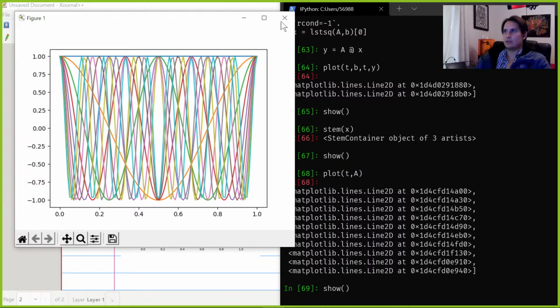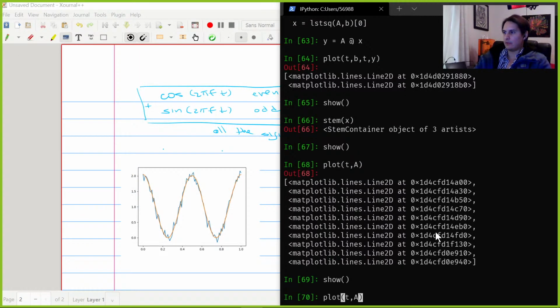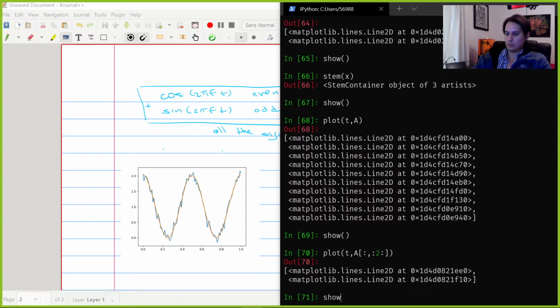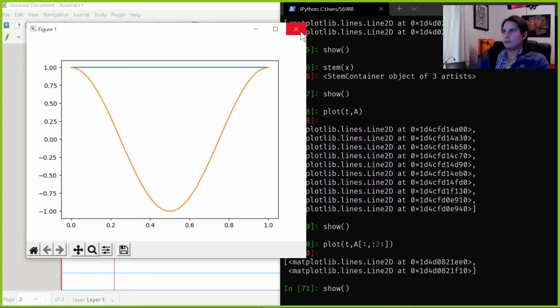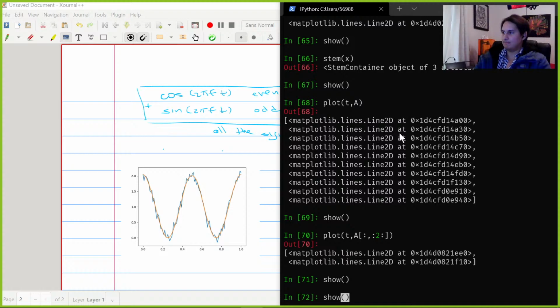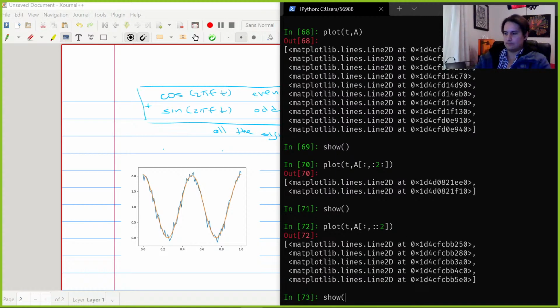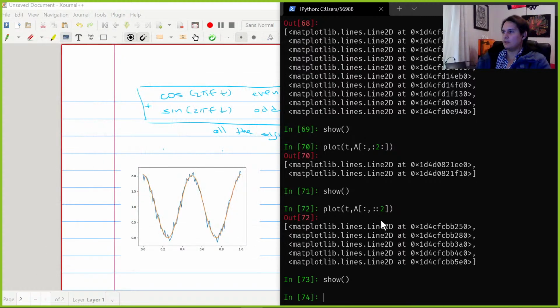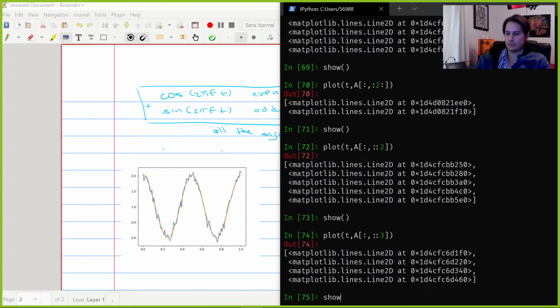I have all my functions, but let me remove some of them. Maybe I removed too many of them. Let's see. Yes. Okay, let's remove a little bit more.